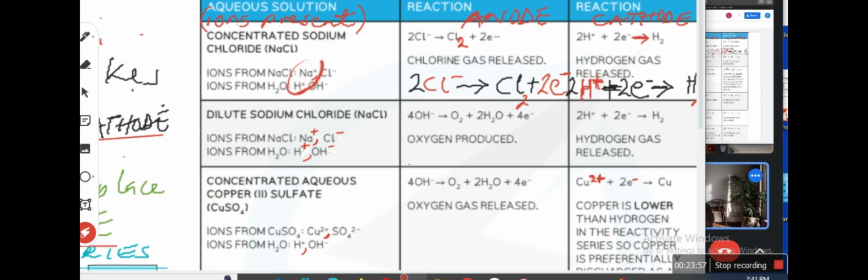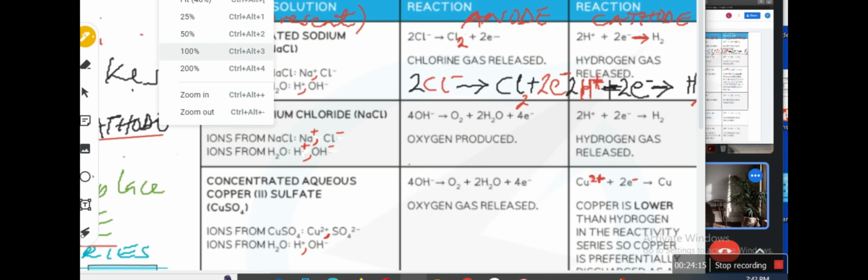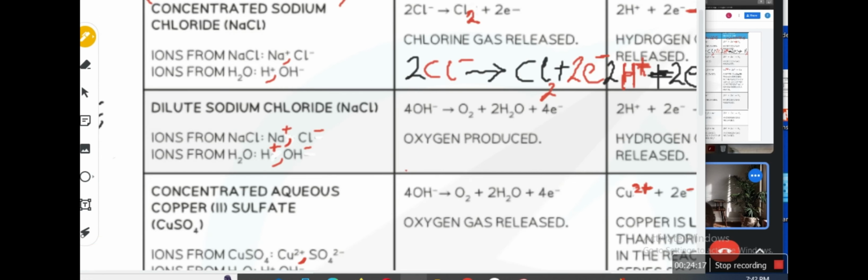Now, which ones will go to the anode? Remember, the anode is the positive electrode. So chloride and the hydroxide will go to the anode. Let me draw a circle around it so that you will see how that plays out.